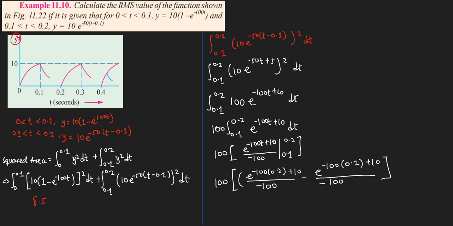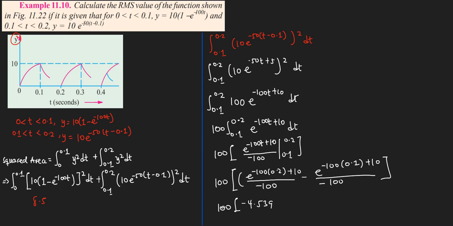Okay, so let's simplify this and see what you are going to get. So for the first one, we are going to have e to the power minus 100 multiplying 0.2 plus 10 divided by minus 100. This will give us a value of minus 4.539.